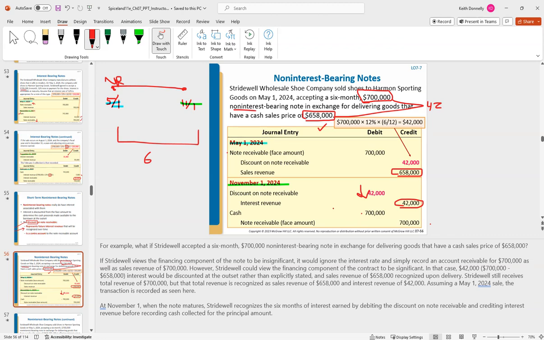So the idea here is it's non-interest bearing insofar that it does not have a stated rate. However, because we have a difference between what we traditionally sell it for and what we ultimately collect, that difference is going to act as a discount, aka an implicit interest, for which we will ultimately recognize interest revenue.